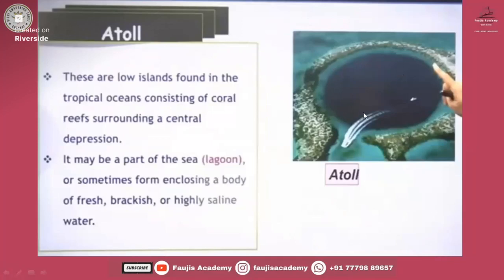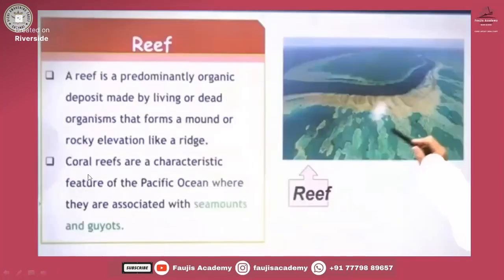So this part is known as the atoll. By seeing the diagram you can easily guess. Just see the diagram and you can easily remember that if a lagoon formation happens in the sea area, that is the atoll, and a deposit by dead or living organisms that forms a mound area is the reef.